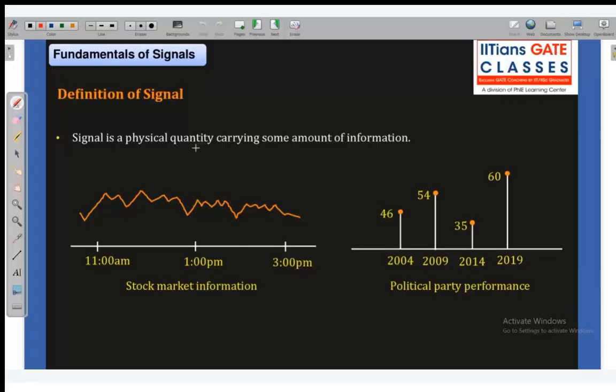So signal constitutes an important part of our daily life.